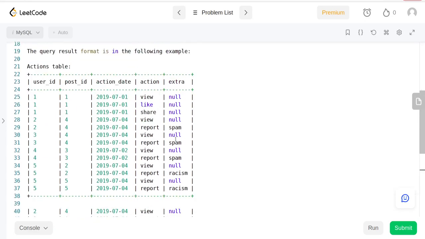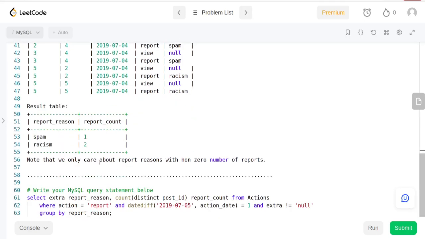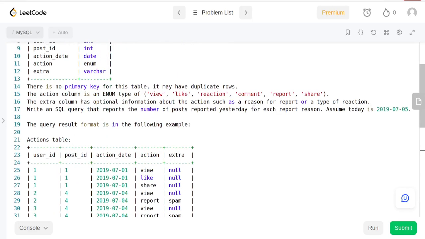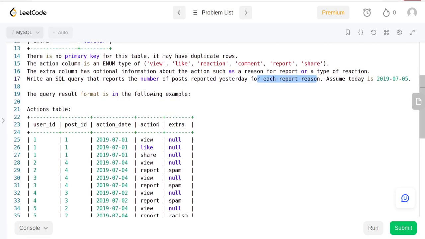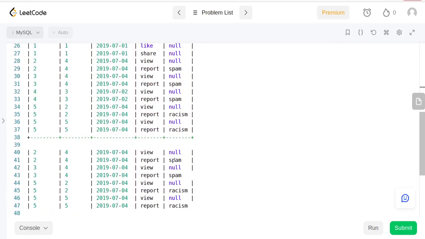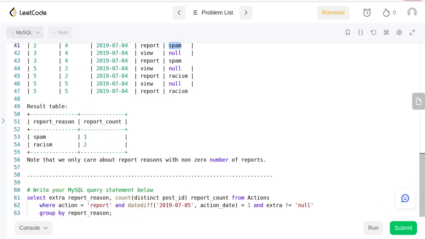And these are different if the action is this one over here. We have a view, report, view, report, view, report, view, report. So what we need to do is, for each report reason, we need to find out different reasons. We're going to be looking at this report reason, and that's where we're going to be making the decision.